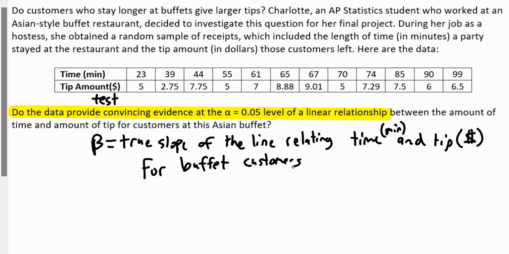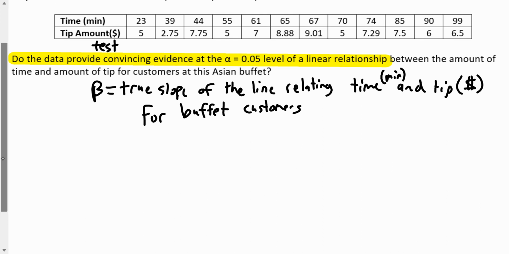And with every hypothesis test, we need to state hypotheses. So this is where it's a little bit different. Our null hypothesis is typically going to be that there is no linear relationship, so the true slope is 0. 0 is no slope. So I'm just going to make a note, no linear relationship.